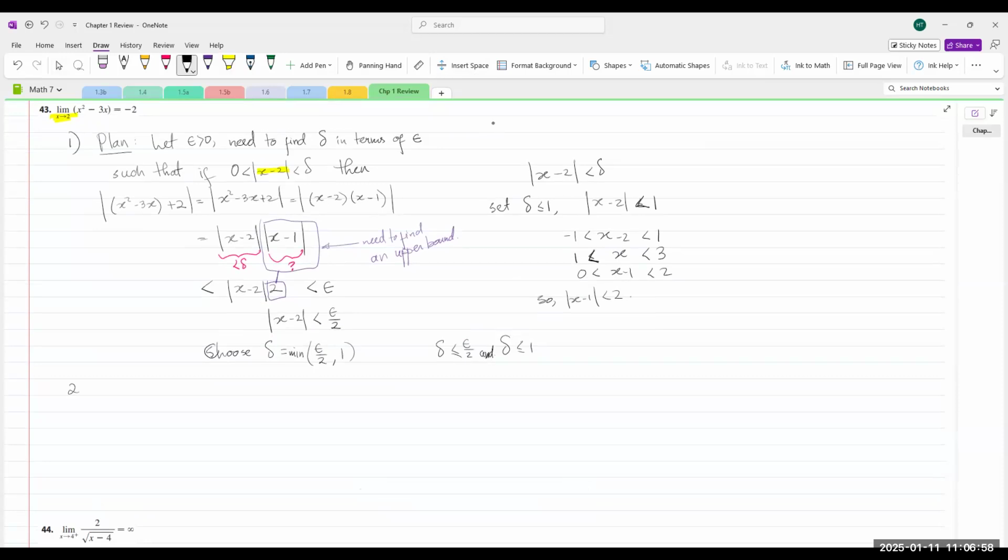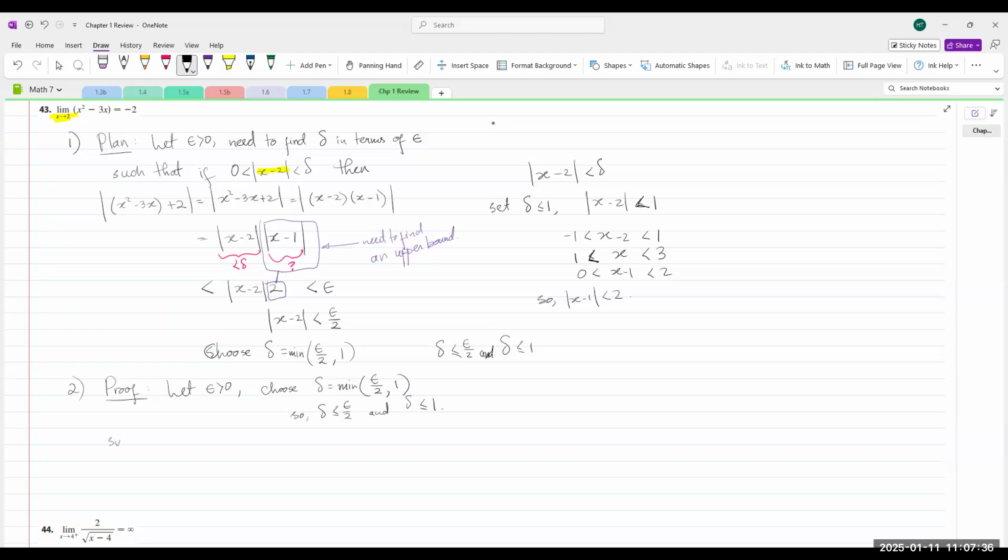Okay, now in step 2, the proof part. Let epsilon be a positive number. Let delta be the smaller of the epsilon over 2 that you give me, or 1. Notice that this expression again means that delta is at most epsilon over 2, and at the same time delta is at most 1.